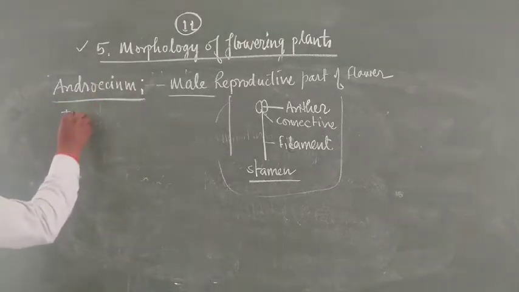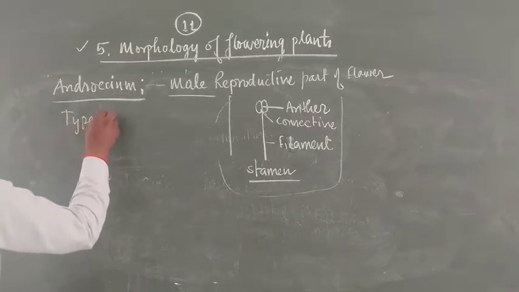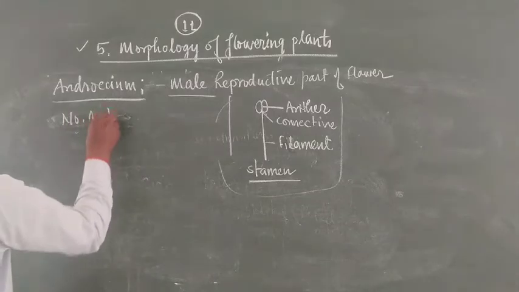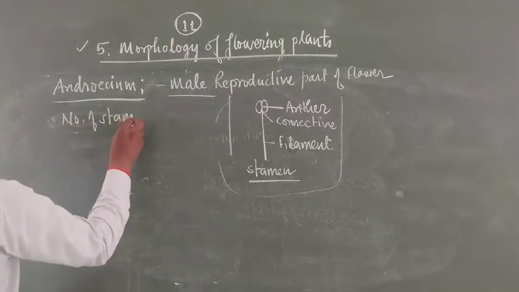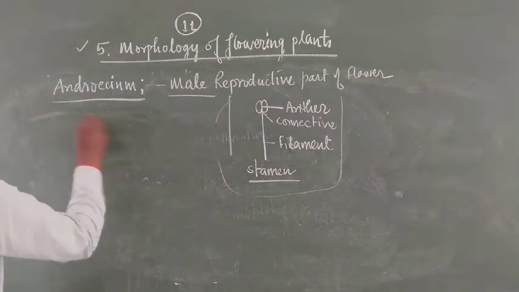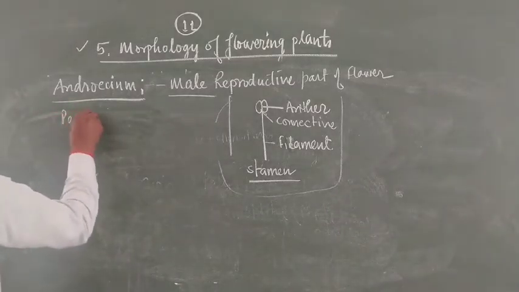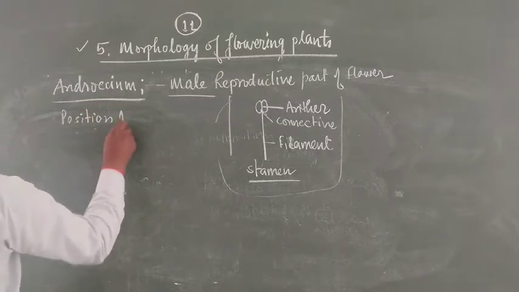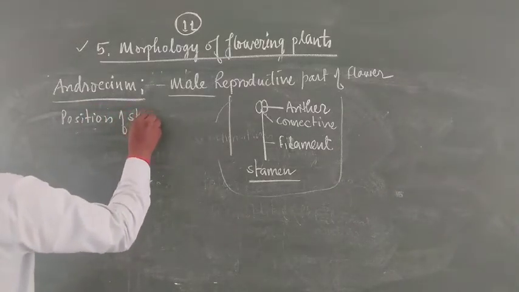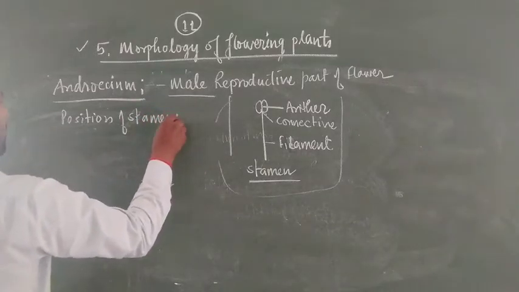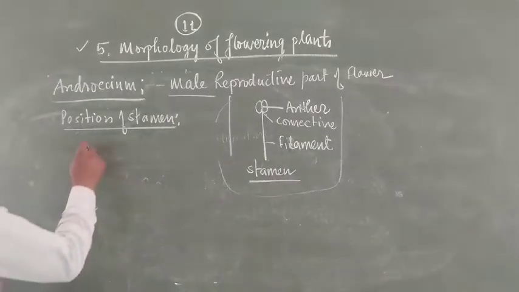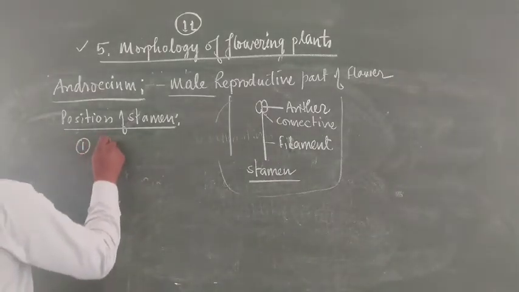Now we start the topic with the number of stamens and the position of stamens in the androecium. Generally, the first term is monoandrous.